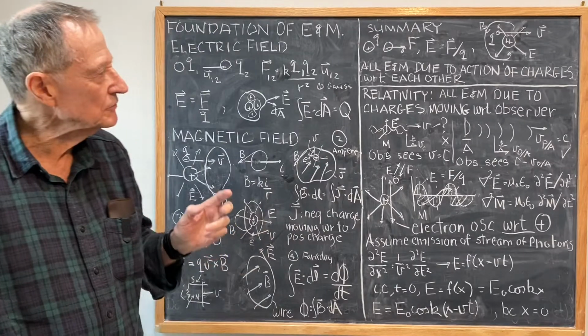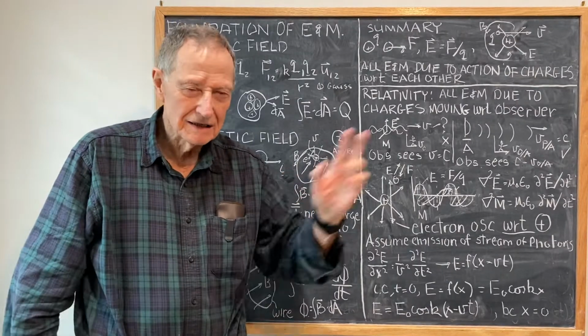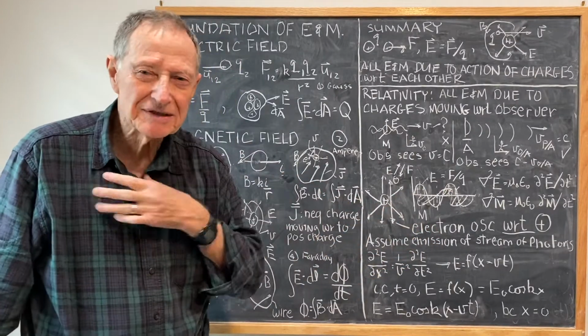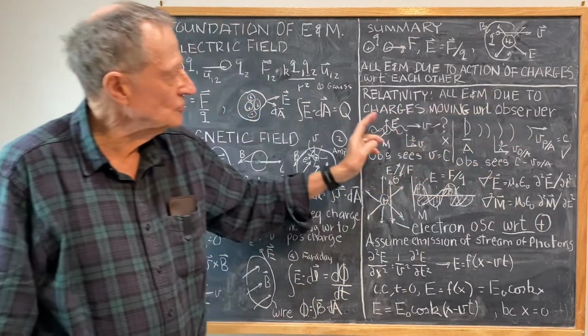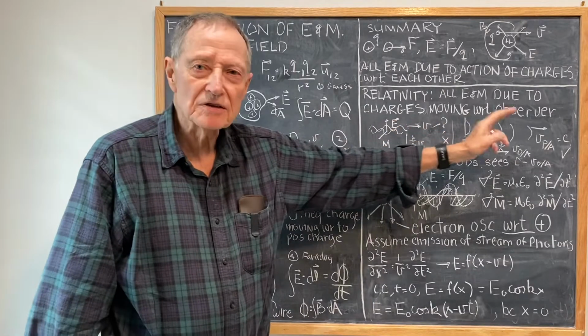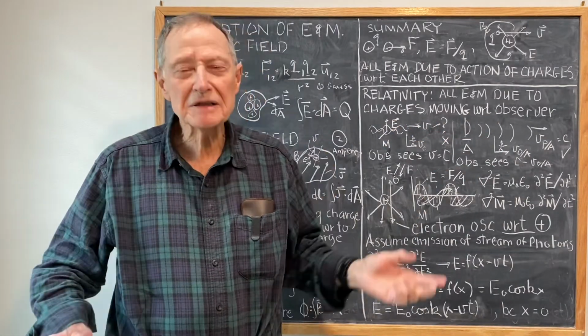And this is where relativity just goes, in my opinion, into Never Never Land, where relativity says that all E&M is due to charges moving with respect to the observer, which to me makes no sense whatsoever.